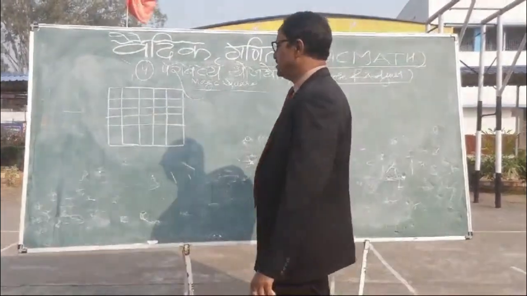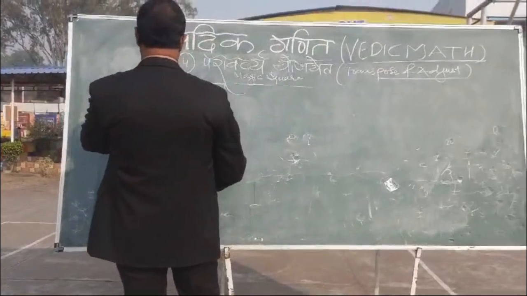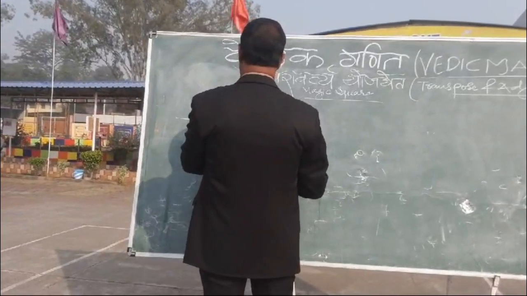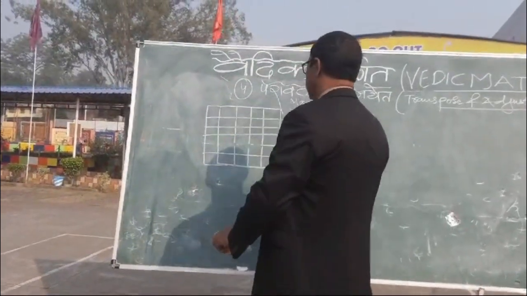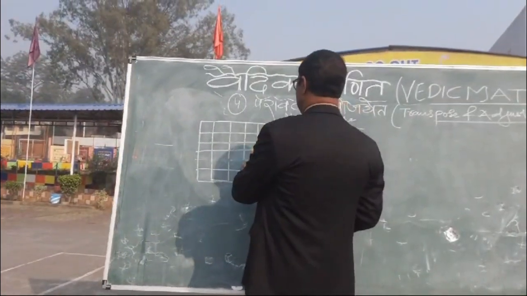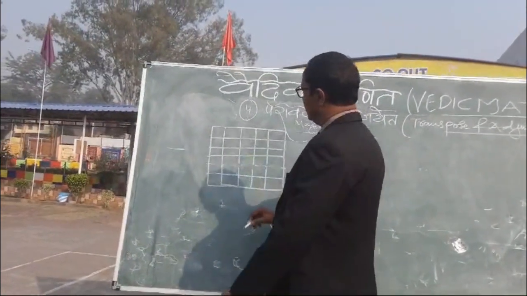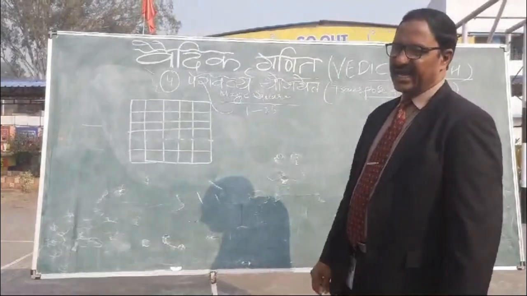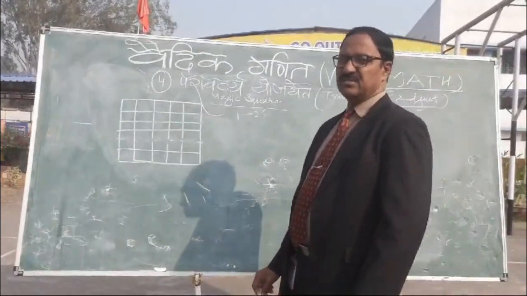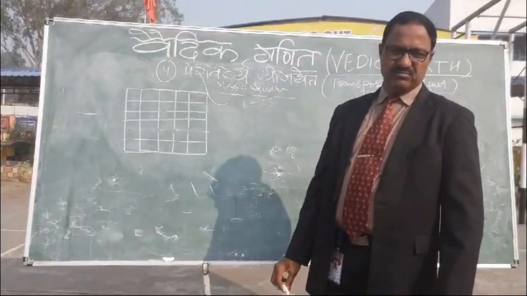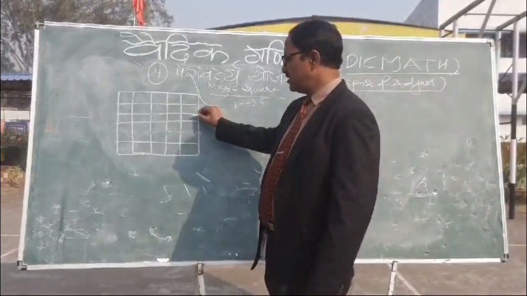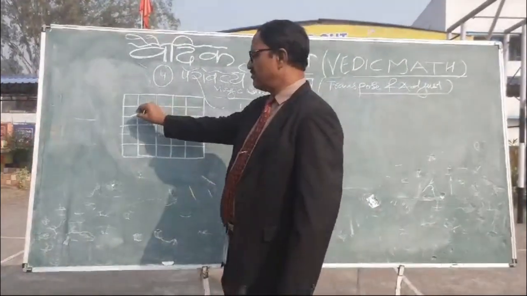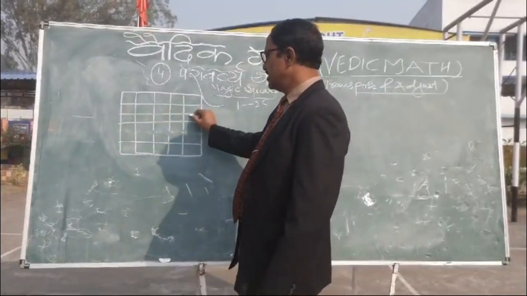Now fill the numbers from 1 to 25 so that from each side the total sum is the same. Where do you start? From the middle portion. Either you start from this or from this. Start filling from this position.